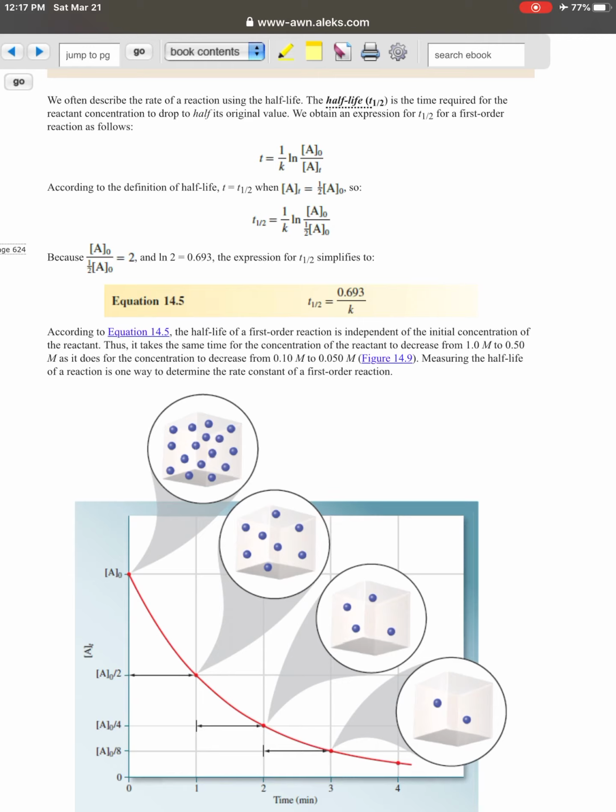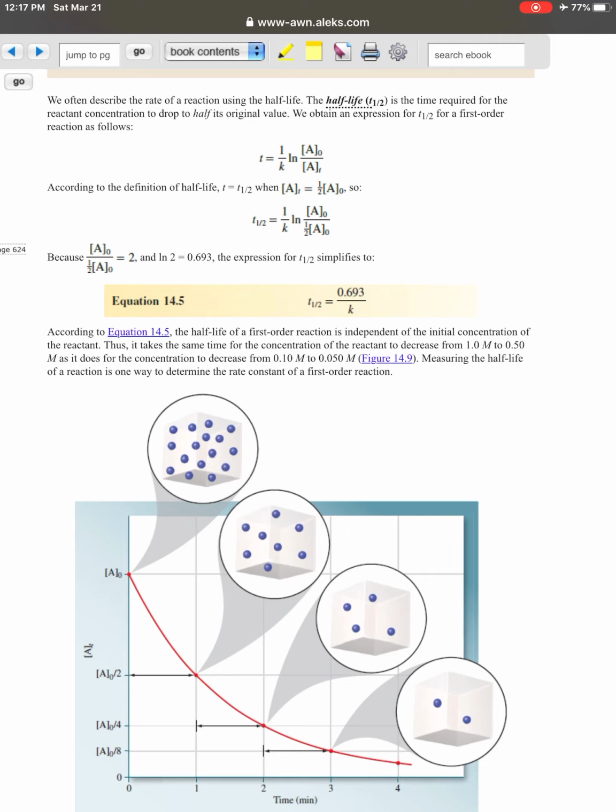Let's go back to that definition. The half-life is the time required for the reactant concentration to drop to half its original value. So, according to the definition of half-life, when [A]t equals 1/2 [A]0, t1/2 would be 1 over k times ln of [A]0 over 1/2 [A]0.